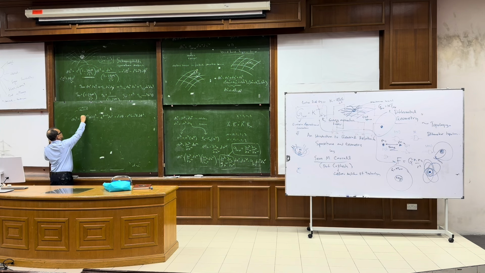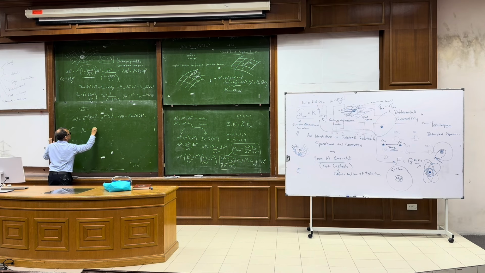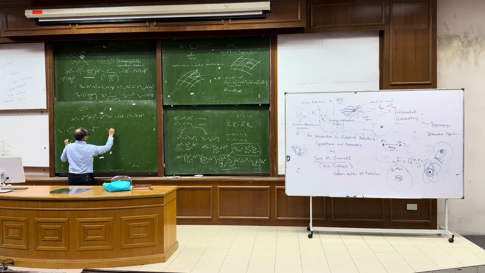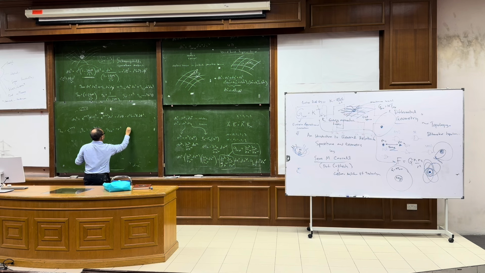So dia ada function, exponential function, maknanya exponential function of this is matrix. This one is matrix G00, this matrix G11 is negative e lambda r, matrix tensor G22 is negative r squared, matrix tensor G33 is negative r squared sin squared theta.